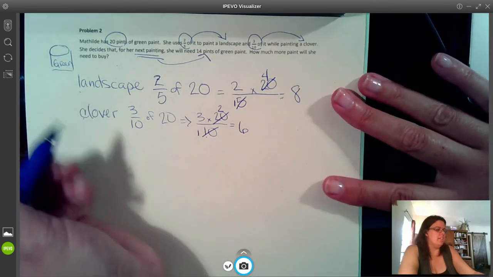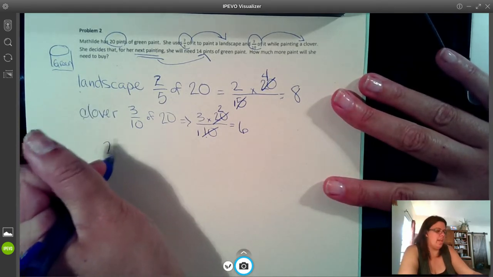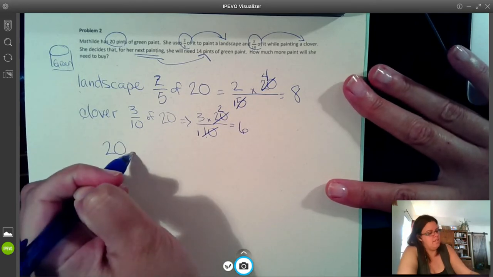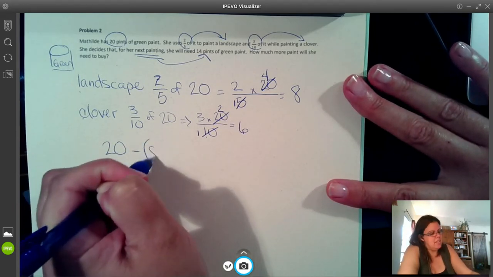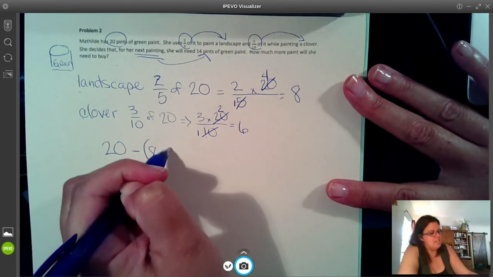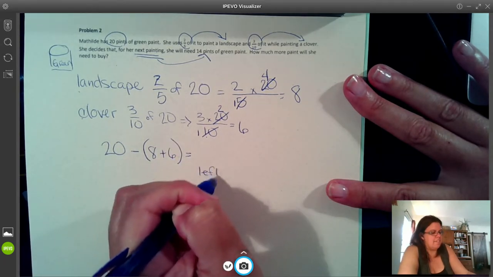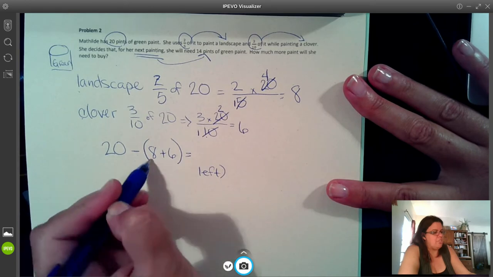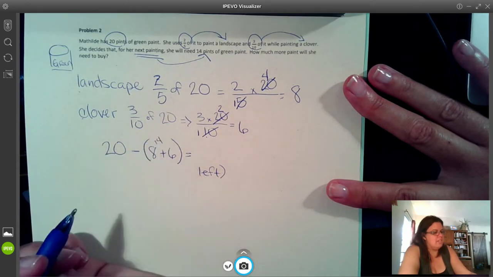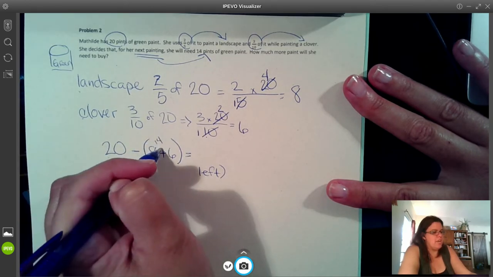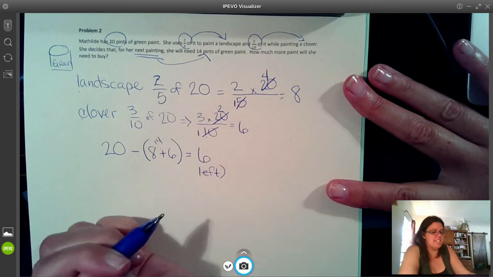And she used 8 pints on the landscape. So if we take her 20 minus, she used 8, she used 6, that will tell us what she has left. All right, 8 plus 6 is 14. 20 take away 14 is going to give us 6.